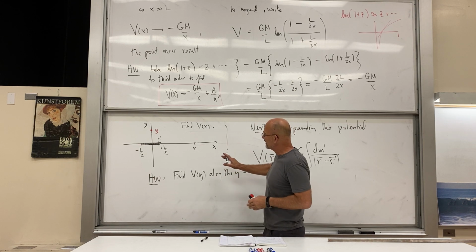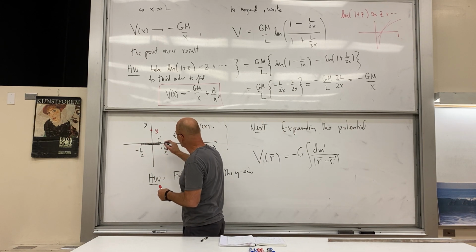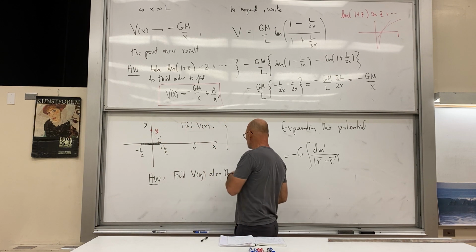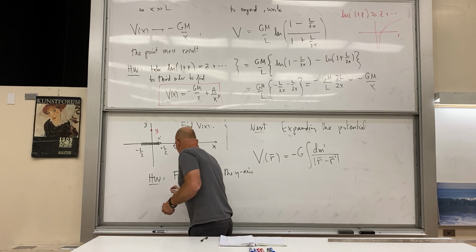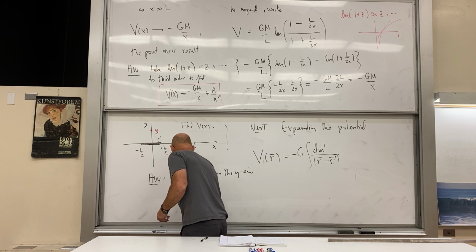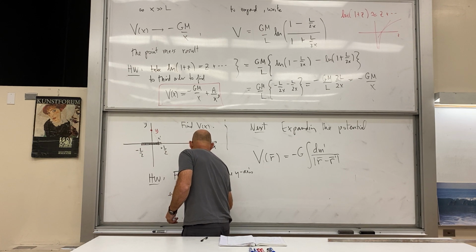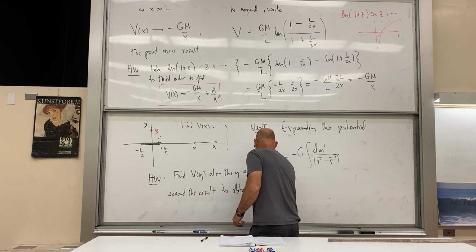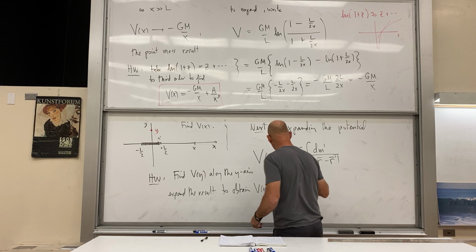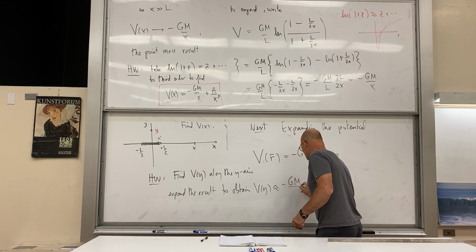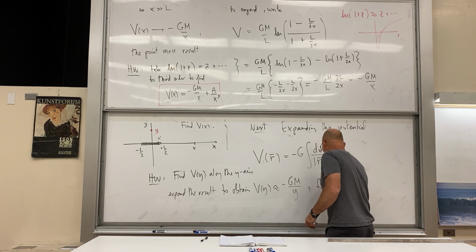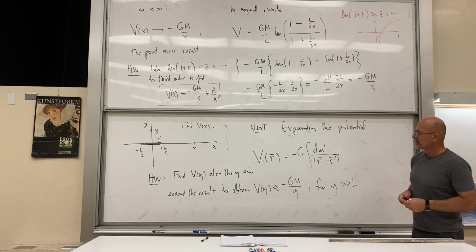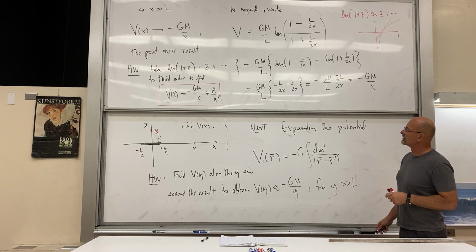So formulate it with your x prime, y minus that distance there, from minus L over 2 to plus L over 2, and expand your result to obtain v of y approximately minus gm over y, for y much greater than L. Good, that'll be pretty satisfying as well. It's a good set of problems.